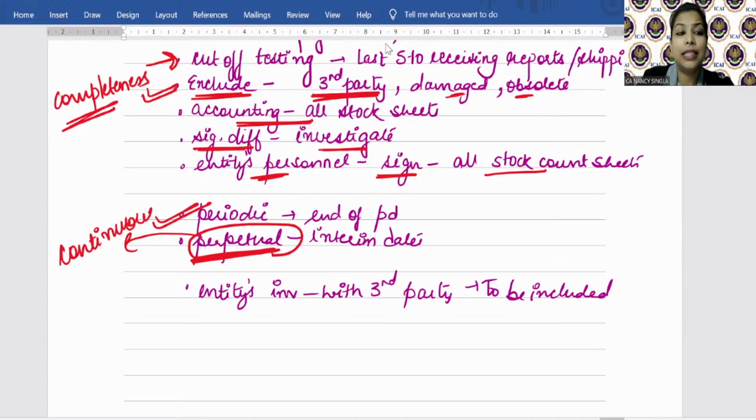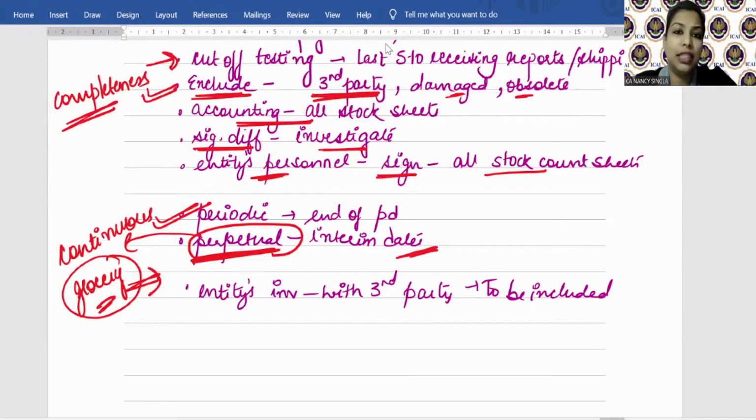Let's take an example of a grocery store, or various big stores, whereby whatever is sold and whatever item is added automatically gets updated on a perpetual, continuous basis. So in that case, the auditor can verify such physical inventory count on some interim dates, right?